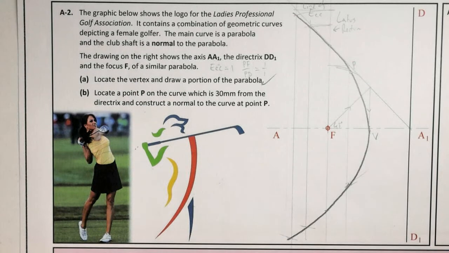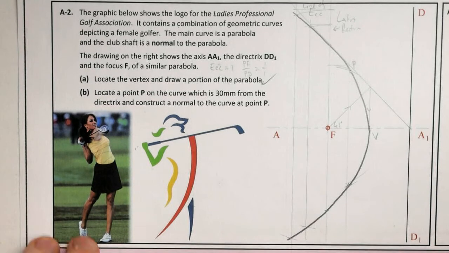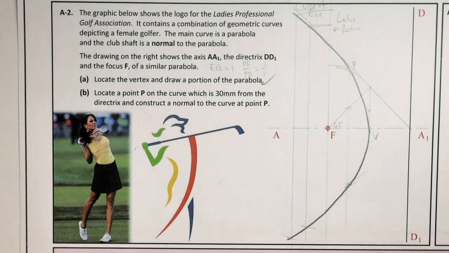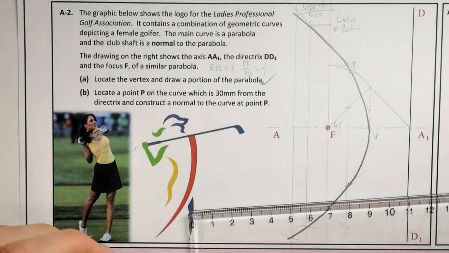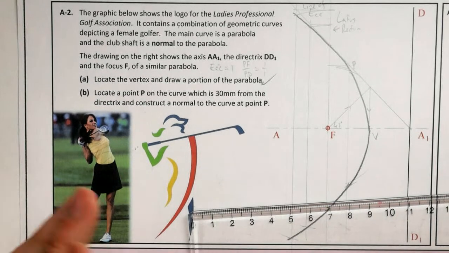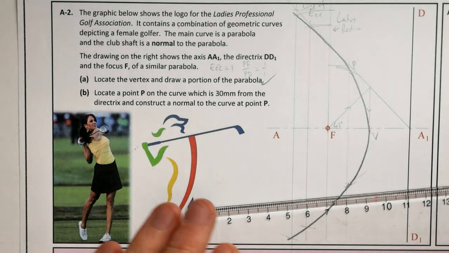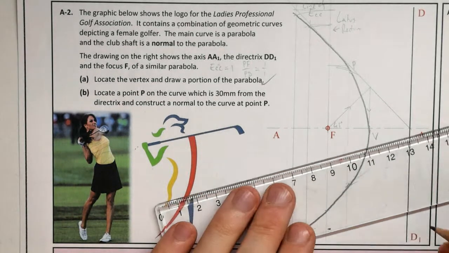In terms of locating the normal, we have a couple of different methods of doing that. I could draw a tangent and then 90 degrees to the tangent, which is a method that I would typically use because the method I use for drawing a tangent is common to all conics. But I'm going to show you both methods very quickly.